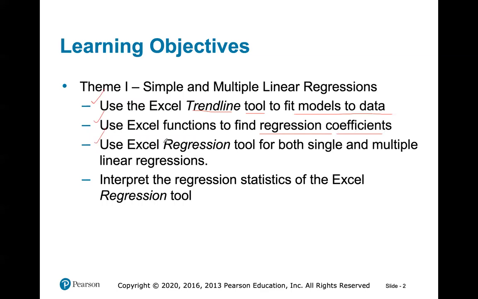We'll also use the Excel regression tool for both single and multiple linear regressions. Today, we couldn't really do multiple linear regressions; we stopped at single linear regressions. But then we learned how to interpret the regression statistics of the Excel regression tool, so the students hopefully know how to interpret whatever regression results they get.